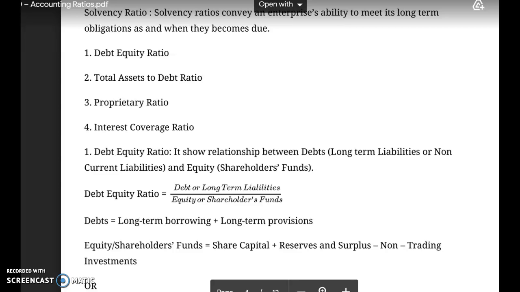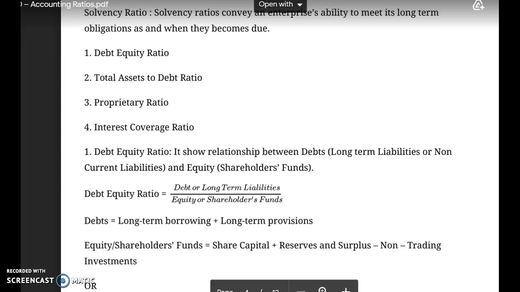The formula to calculate this ratio is debt or long-term liabilities divided by equity or shareholders fund. When we establish a relationship between these two variables, it is called the debt equity ratio, and the objective is to know the long-term financial strength of an organization.